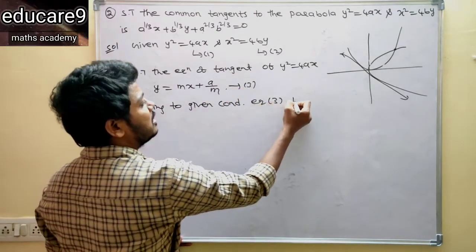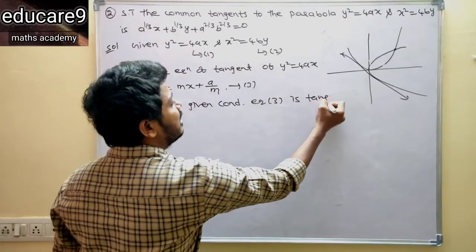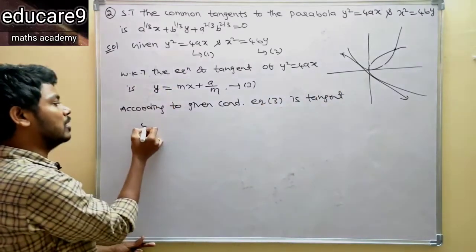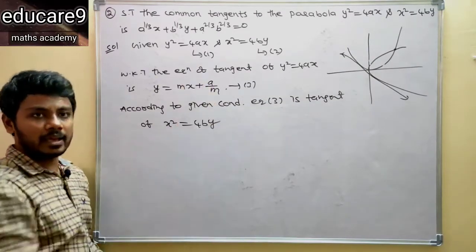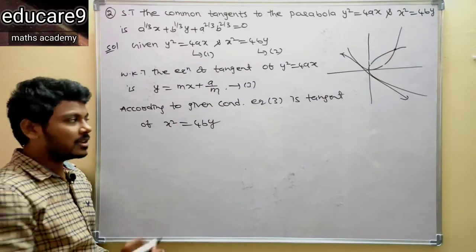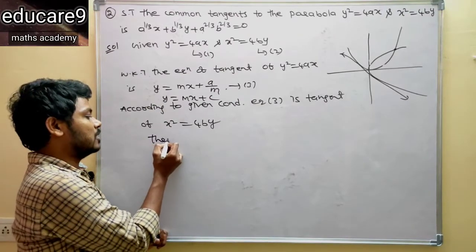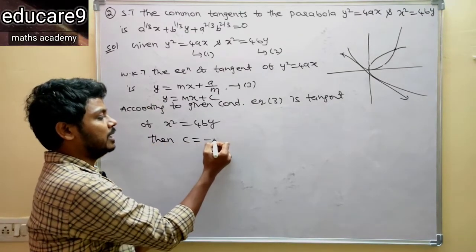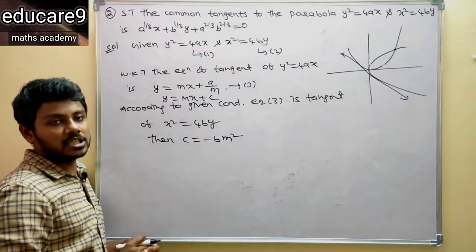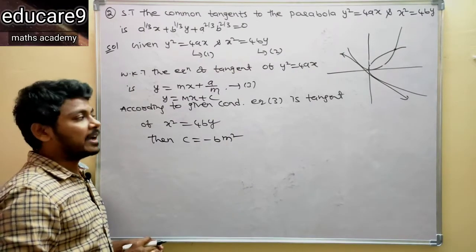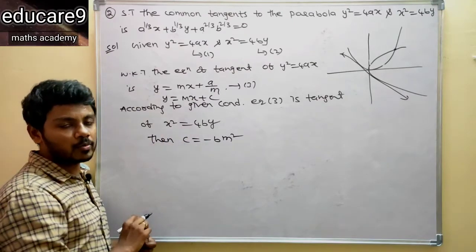equation 3 is tangent of x square is equal to 4by. Then what is the condition? So then c is equal to what? Minus bm square. So this is the condition for tangent to the parabola x square equal to 4by.